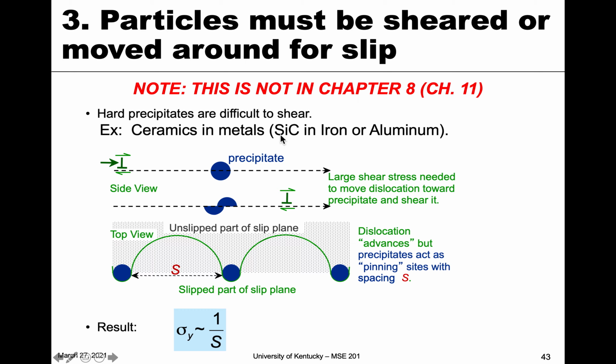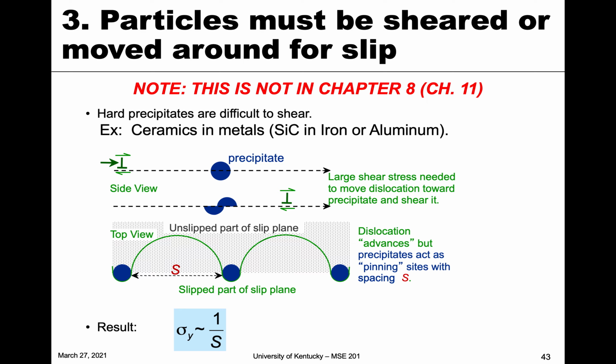For example, it might be silicon carbide in iron, or it could be an aluminum particle made with the alloying elements. For the most part, these precipitates are harder than the main phase of the material. There are basically two ways a precipitate can impede or slow down a dislocation moving through that material.